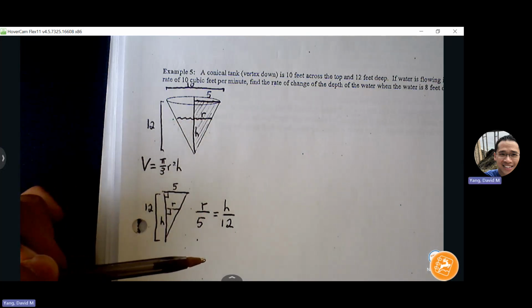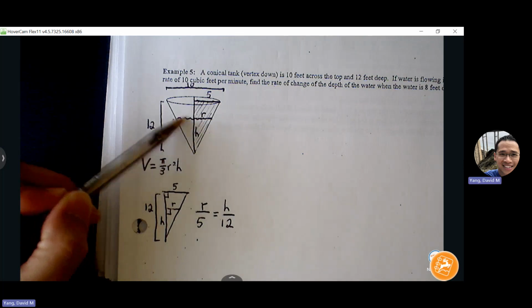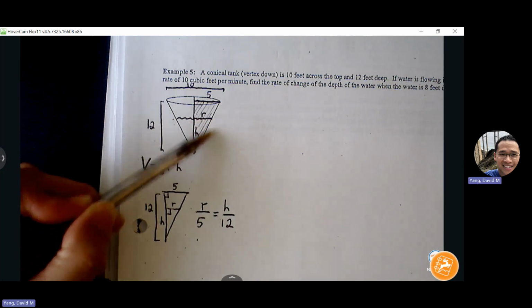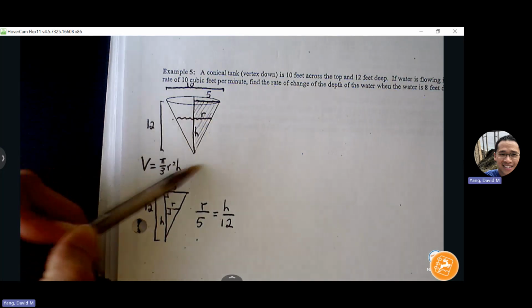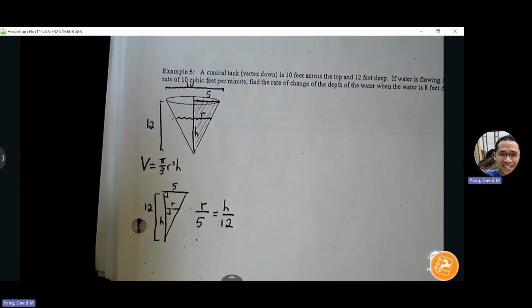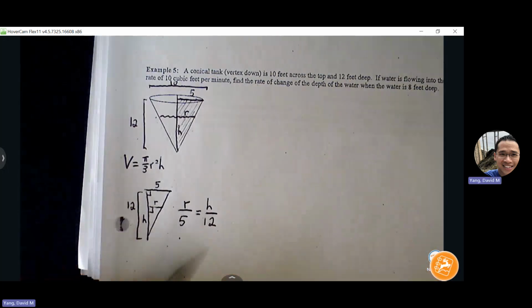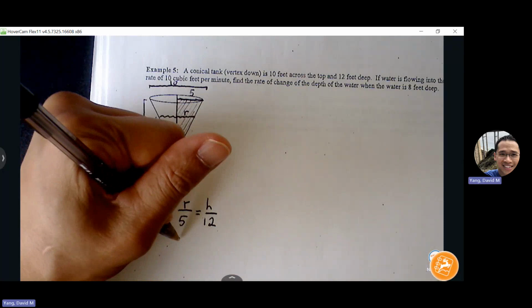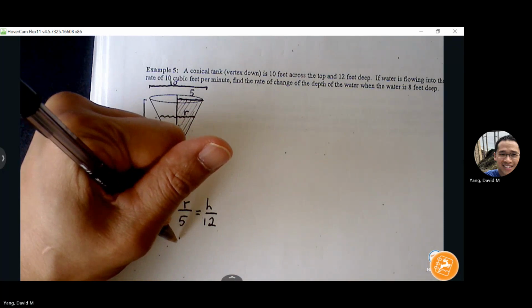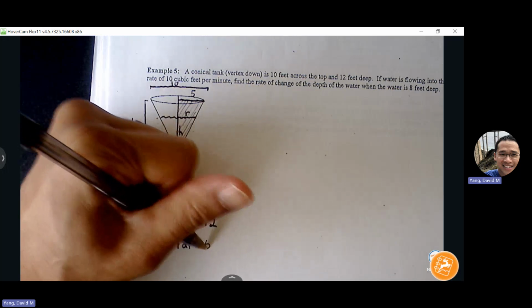Does that make sense? Yes, the water that's inside, you treat like it's a smaller cone inside a larger cone. Okay, I'm going to cross multiply here. I'm going to say 12r is equal to 5h.